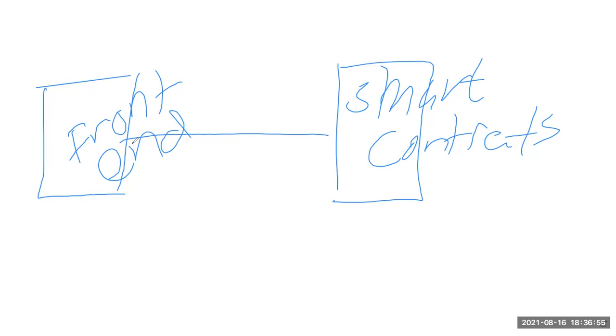It can be on any chain, whether it's Binance, Celo, or Ethereum, or any other blockchain, you need to communicate with the front end, and this is where UI UX comes in.